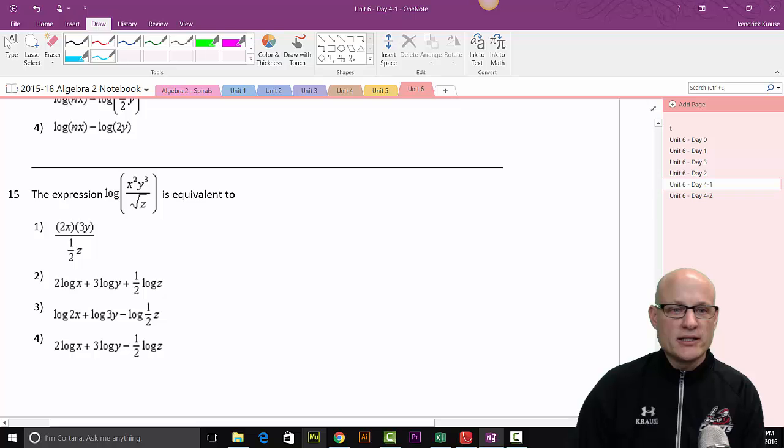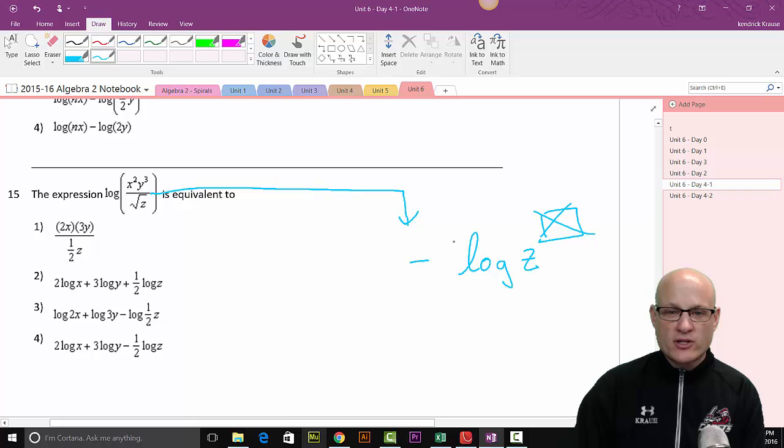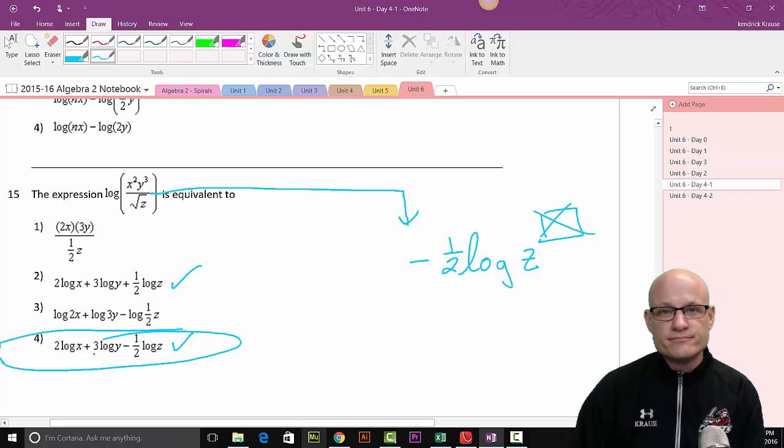Last one. Oh my goodness. Okay, let's start. Start with division. Division turns into subtraction. So that's the log of z to the 1/2. But the 1/2 doesn't go there. It goes here. So what's 1/2 log z? And it's subtraction. Boom. Done. That's it. I don't even have to do the rest, but I'm going to.